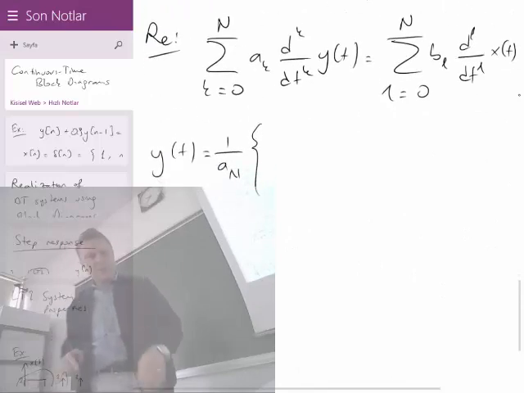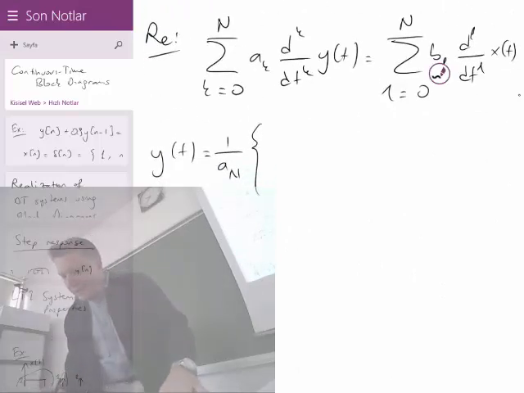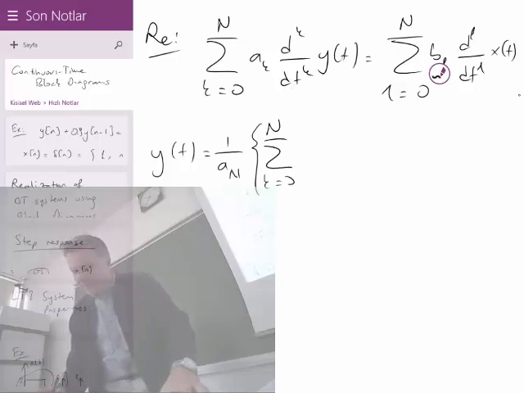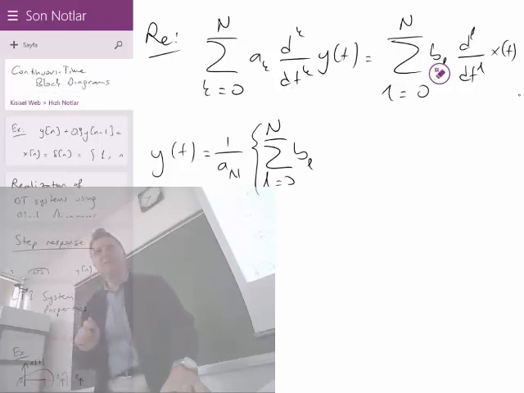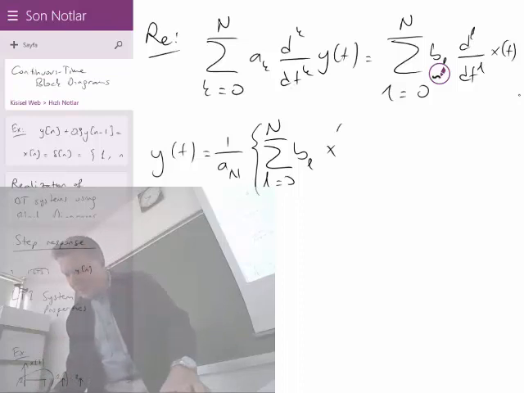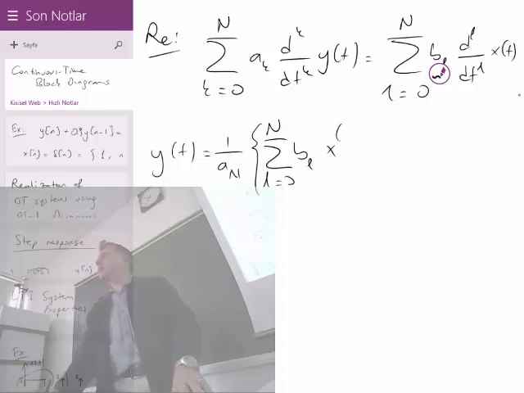So we have 1 over a_n, and an accumulation of the inputs, k from 0 to n. For the inputs I was using L, L from 0 to n, b_L. It's not the derivatives anymore. It's the integrals now, x integral. What integrals do we have? The integral ordering is just the opposite of the derivative ordering.